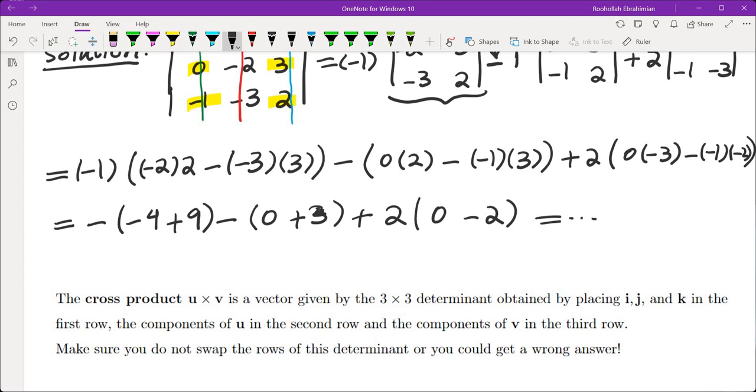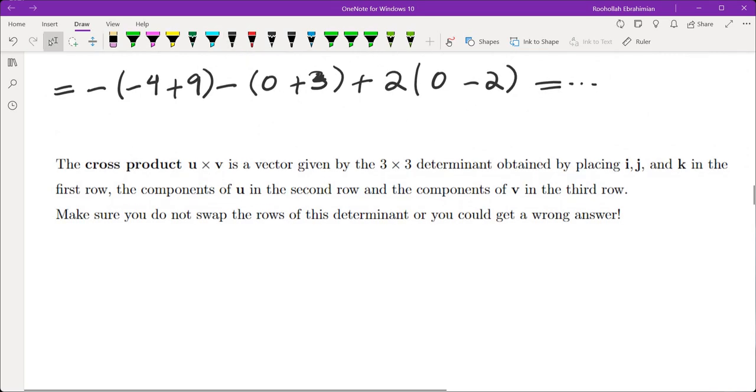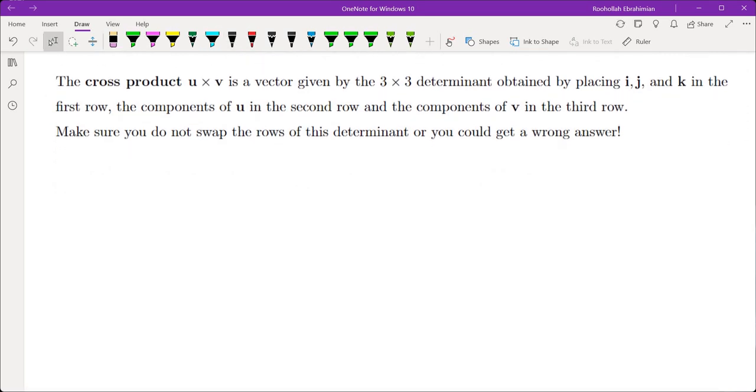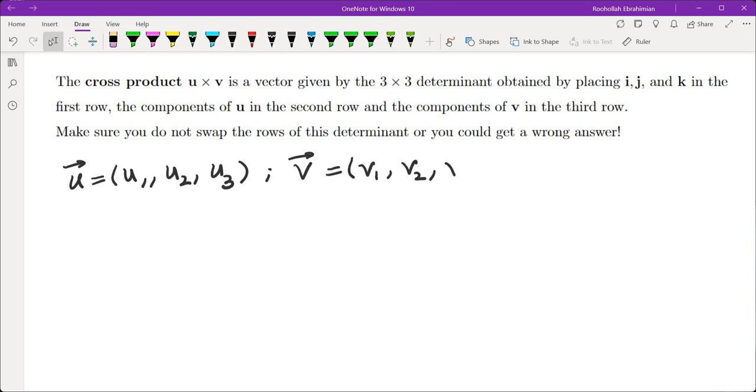Okay, now that we understand how to evaluate determinants, we can understand how to evaluate the cross product of two vectors. So the cross product of two vectors u and v is a vector given by the 3 by 3 determinant obtained by placing i, j, k in the first row. So if u is u1, u2, u3, and v is v1, v2, v3, then what we do is this.